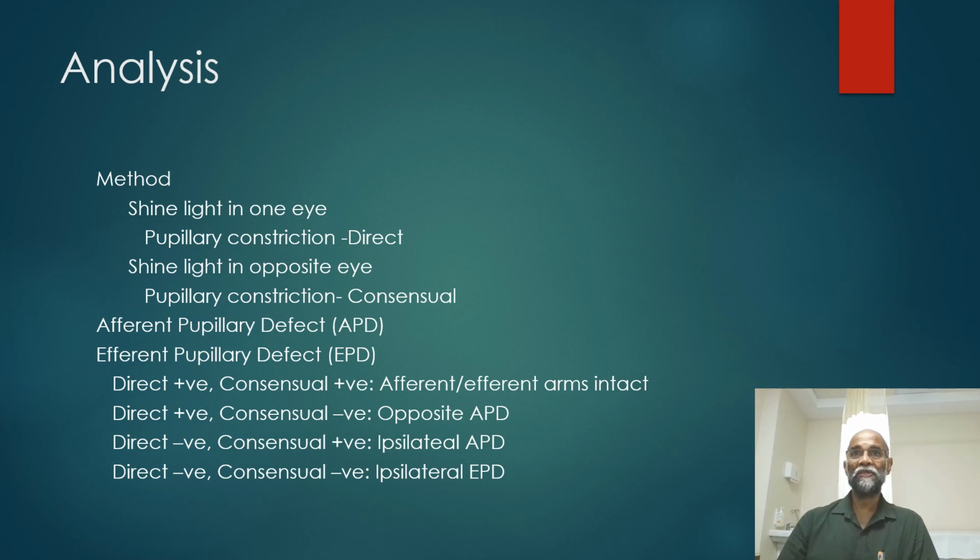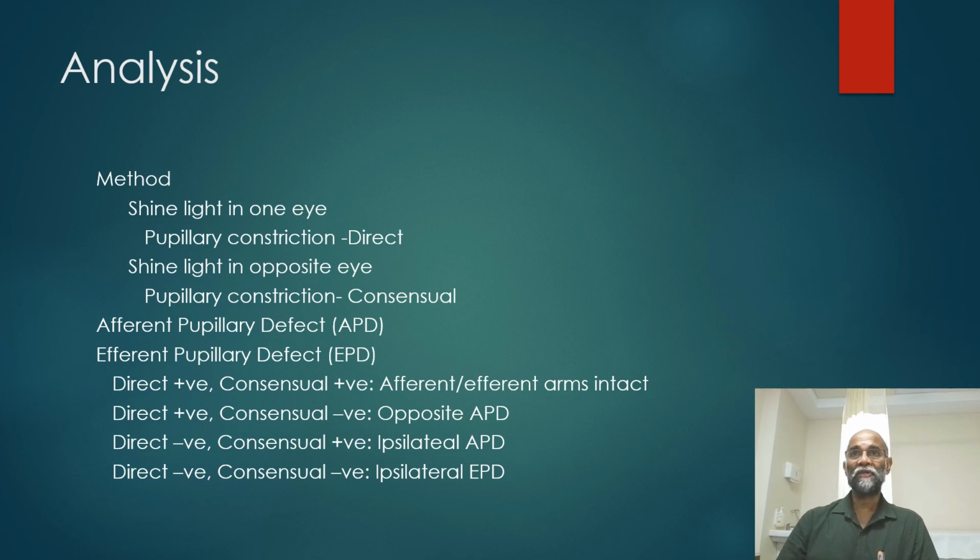In an unconscious patient, you'll have to depend totally on the reflexes. A pupil that remains dilated and does not constrict with either direct light or a light shone in the opposite eye has probably got an efferent pupillary defect that is commonly because of a third nerve involvement.